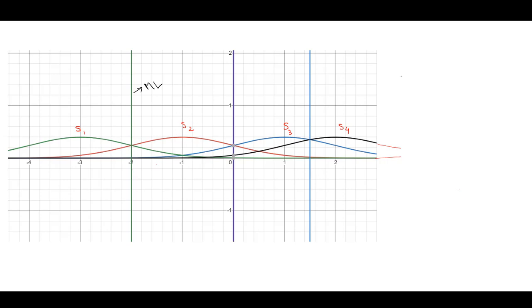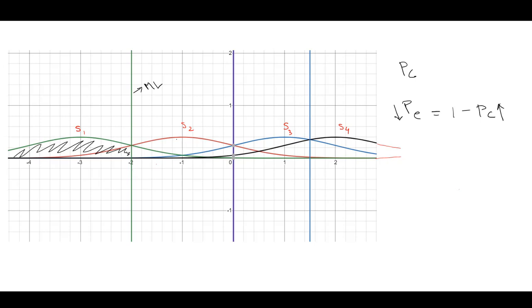So the probability of a symbol being correctly decoded as S1, PC, is this region. We know that PE, the probability of error, is 1 minus PC.